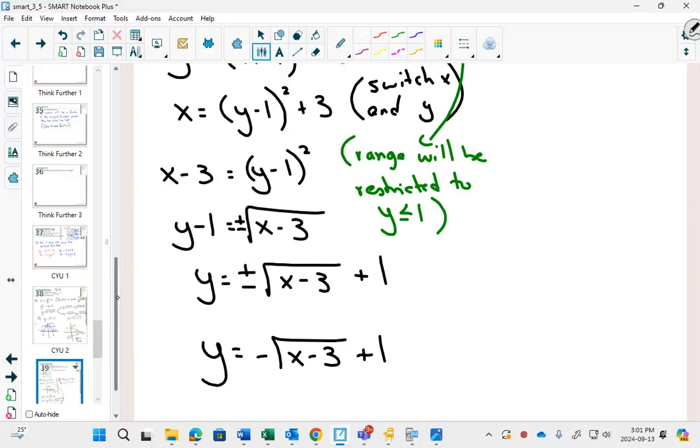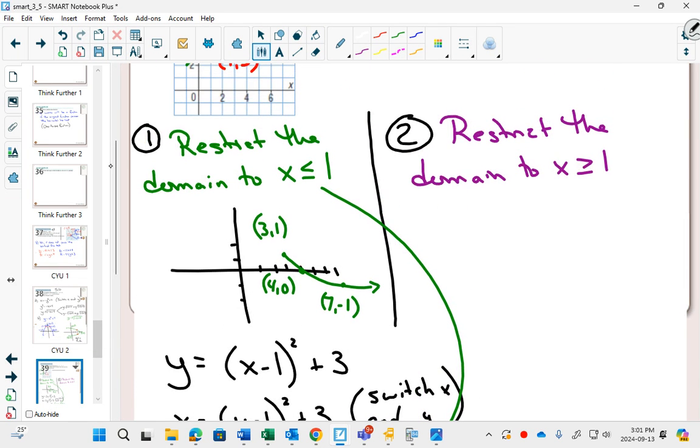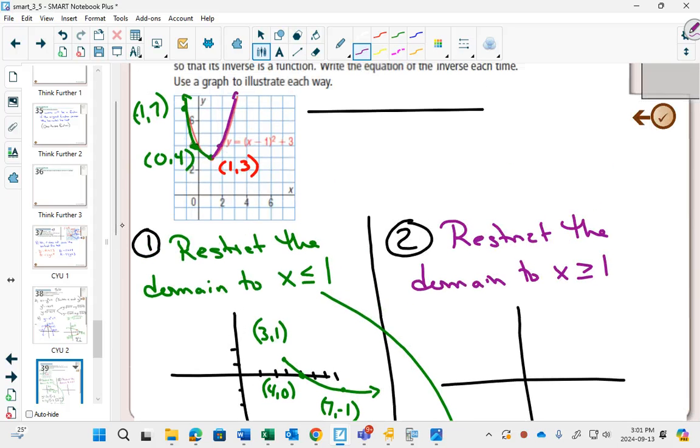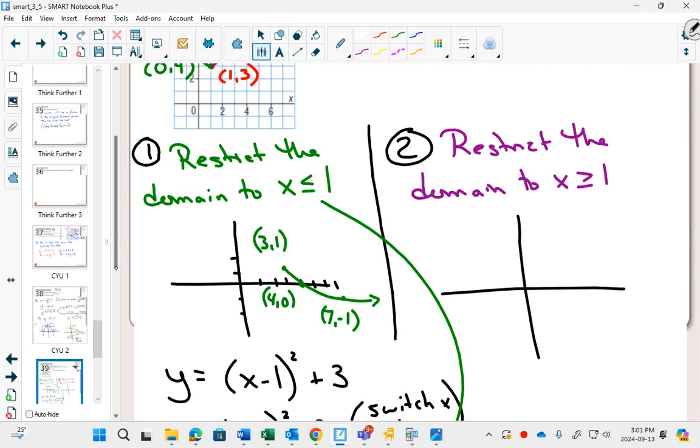Now that we've done the green one, we can switch and do the same thing for a purple graph. On our purple graph, I look at points on my original graph. I have 2, 4, 3, 7. So again, I have 3, 1, but now I have 4, 2, and 7, 3.